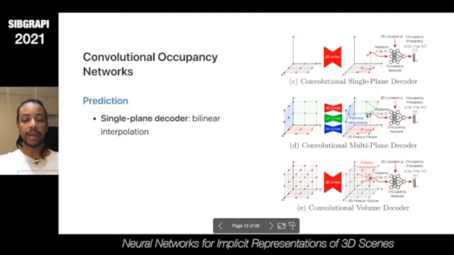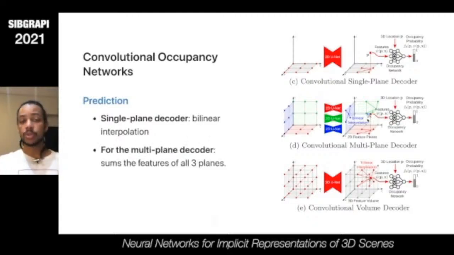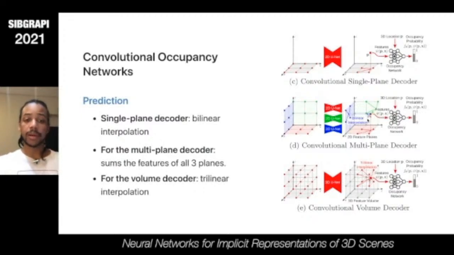If we have three planes, we can do the same procedure for each plane, and then sum the features of all three planes. And if we have a volumetric representation, we can do trilinear interpolation to compute the feature vector of this arbitrary point P given our input X. As you can see, we are just interpolating nearby features. So you could question if the interpolation strategy used in the convolutional decoder has any impact on the final result.